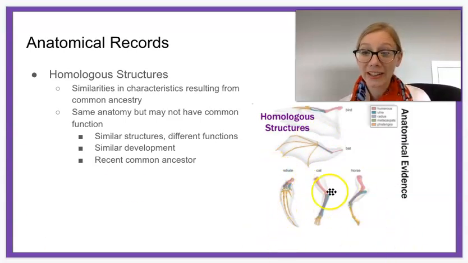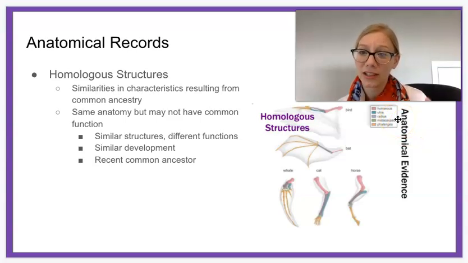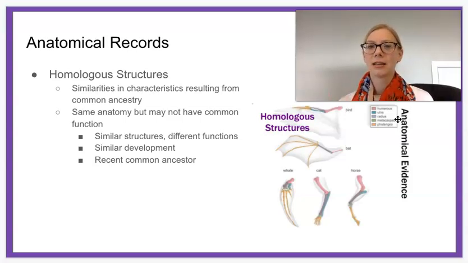Here we can look at the whale, the cat, the horse, the bird, and the bat. We can see that they have things in common, like the humerus, the ulna, the radius, and phalanges, right? All these things are colored the same. They have the same structures, but we know those organisms all use them in different ways.